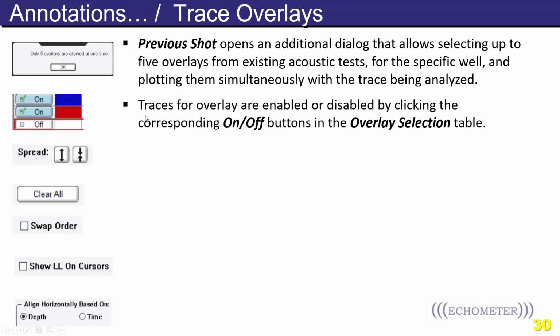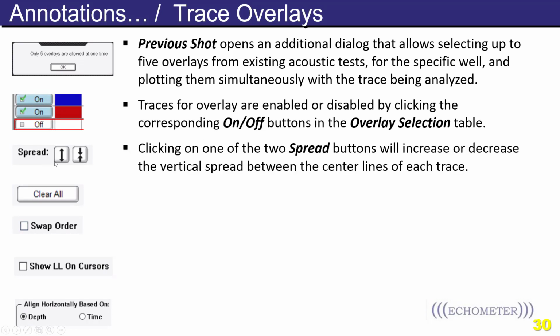And these on-off buttons are there to switch on and off which acoustic trace will be displayed. You can spread apart or put closer those fluid level shots, and that will be based on your plot size or your screen size, and maybe you will need a bigger spread out to better understand.